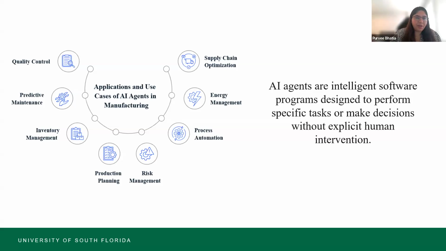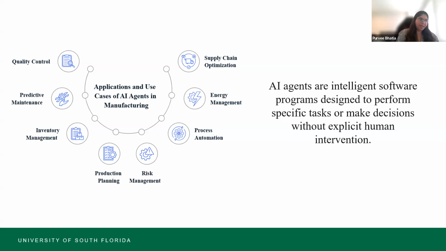Now, different use cases for AI agents in manufacturing range all the way from quality control to supply chain optimization. We have quality control where we can inspect large amounts of reports, documentation and data to identify any patterns and defects and essentially do a root cause analysis.